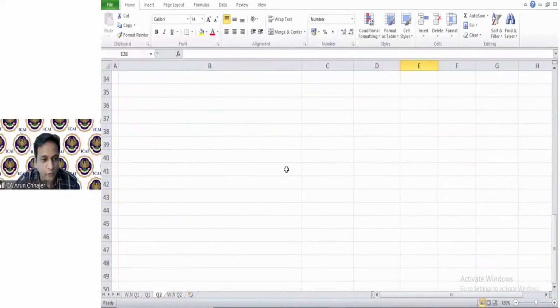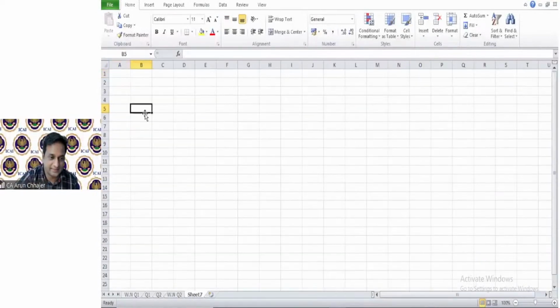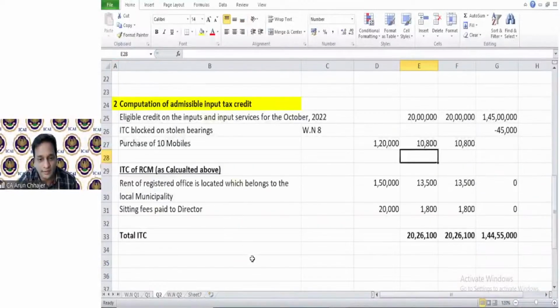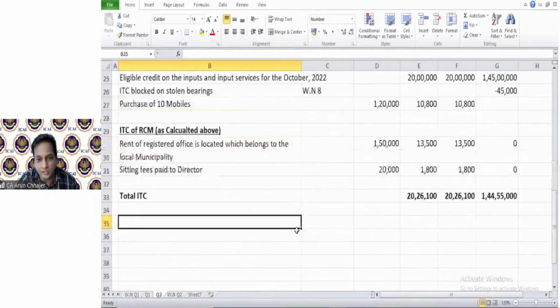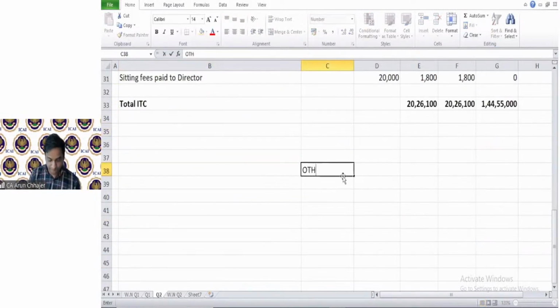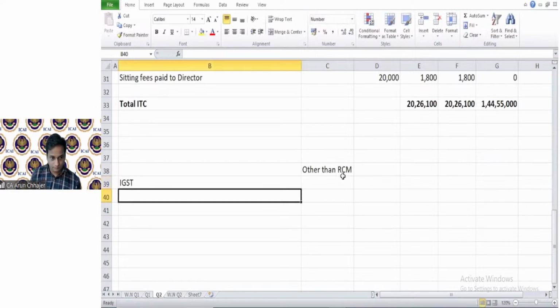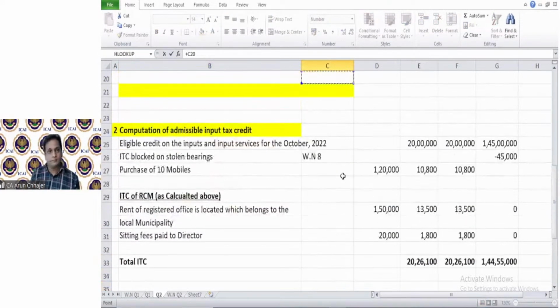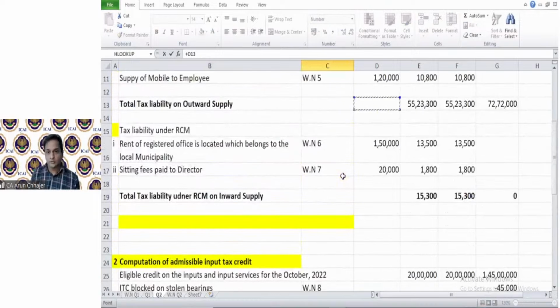I will prefer to use another Excel sheet, in which I will show you how much the total tax liability is. Now this you have to tell me.